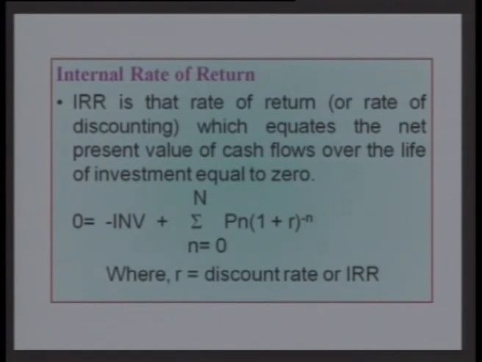The decision criteria is that this internal rate of return should be higher than the cost of capital, or the bank rate which is available, which is usually taken for evaluation of projects. So if it is higher than the bank rate, then the project is considered as feasible.